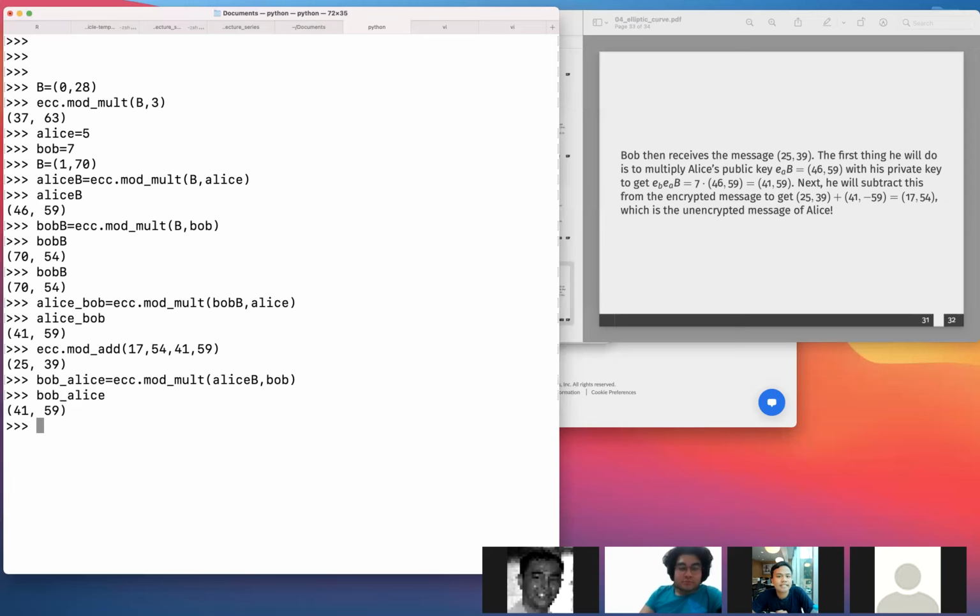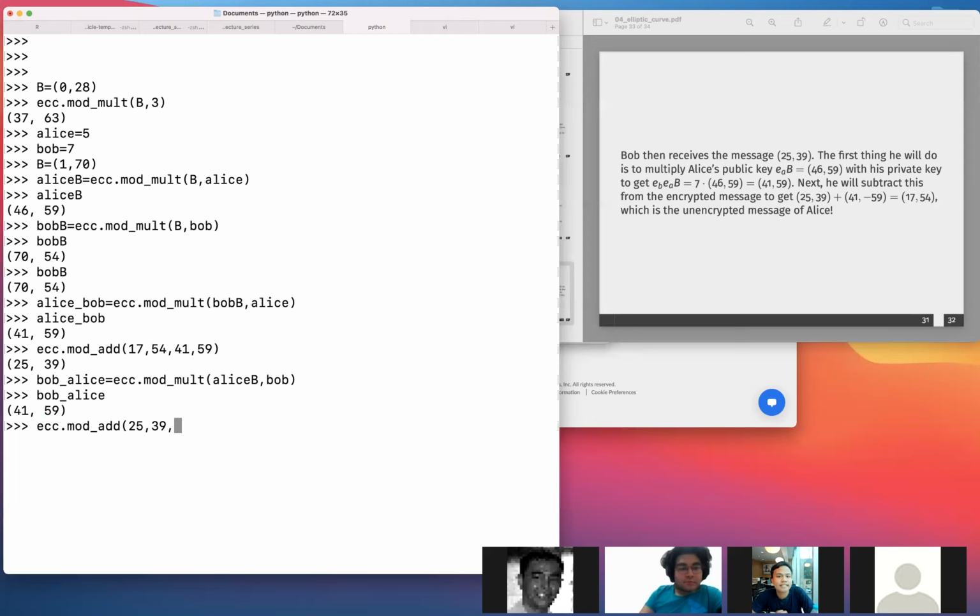To do that, we have ECC dot mod add. We have our encrypted text, 2539, and then we subtract this one here, 4159.